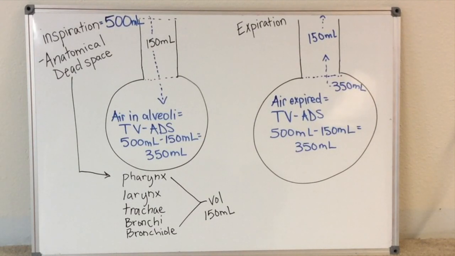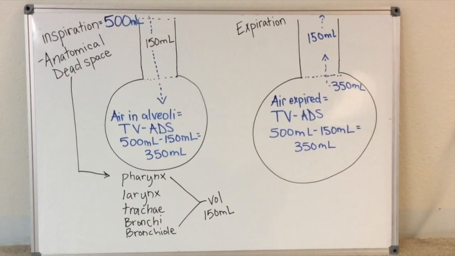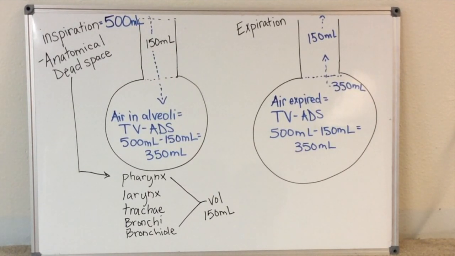When we expire, the 150 milliliters of air within the anatomical dead space will be expired, along with 200 milliliters of the air within the alveoli. This is because 150 milliliters of air from the alveoli must remain in the anatomical dead space.